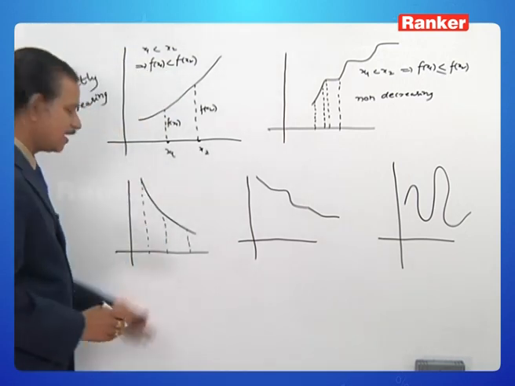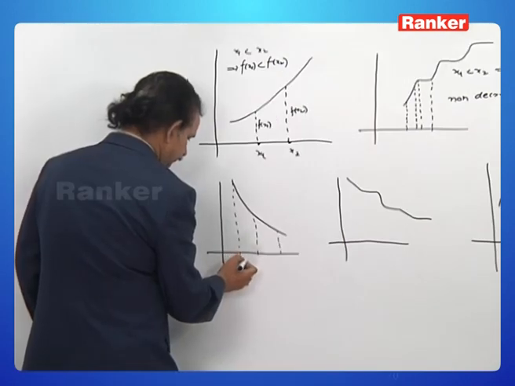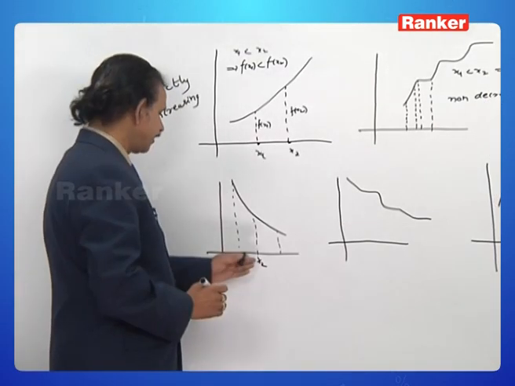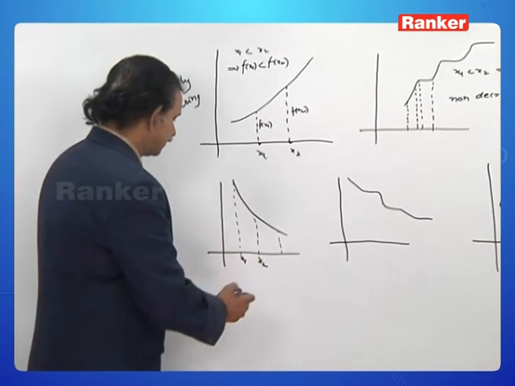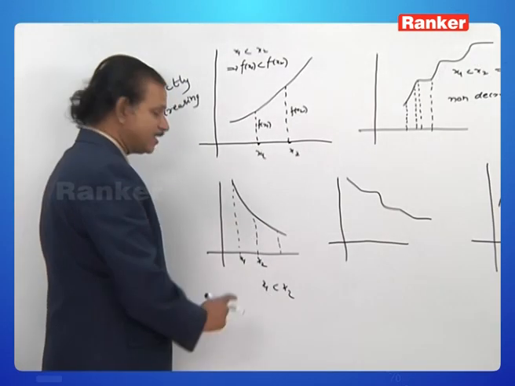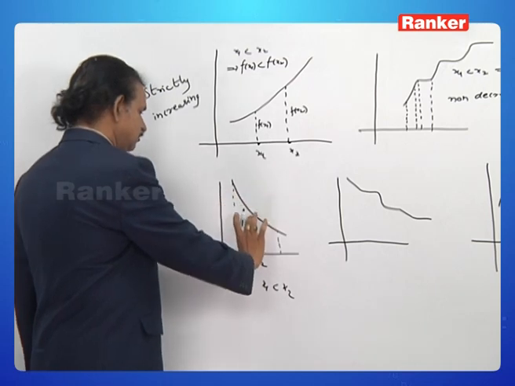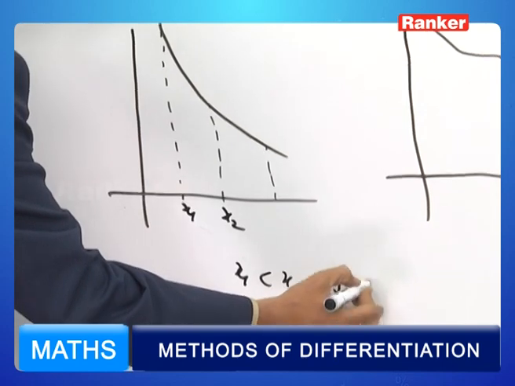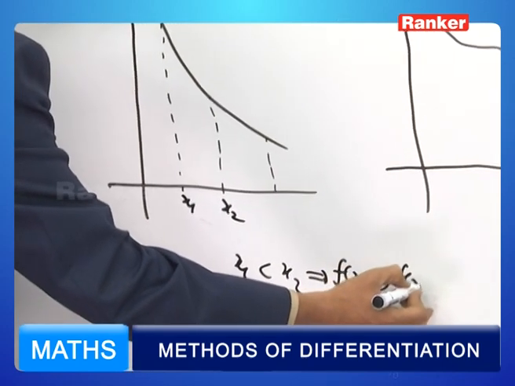Well, let us come here. x1 here and x2 here. What do you observe? x1 is less than x2, no doubt, on the x-axis. But you see, f of x1 is greater than f of x2, isn't it?